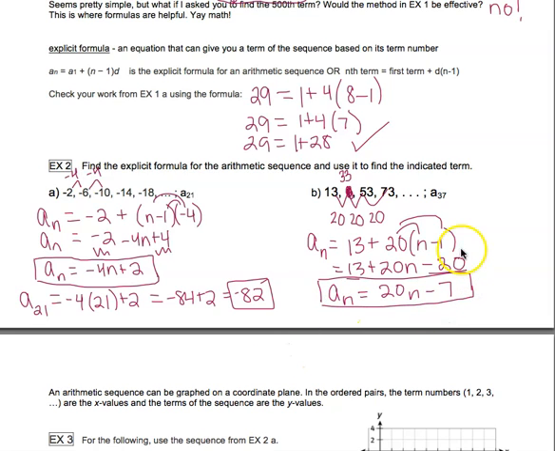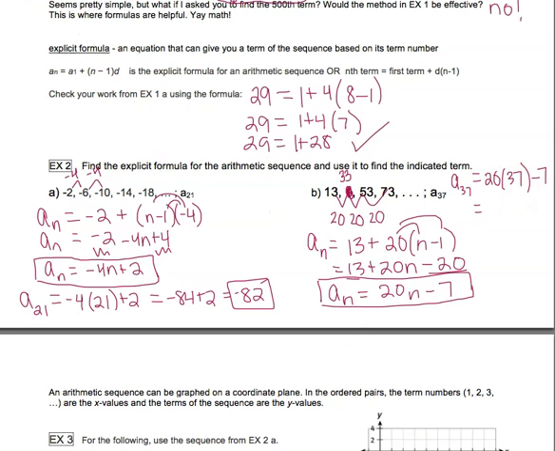Now we're going to go ahead and find the 37th term. So that means we need to plug in 37 for n. So a sub 37 equals 20 times 37 minus 7. So certainly you can use your calculator here. 37 times 10 would be 370.